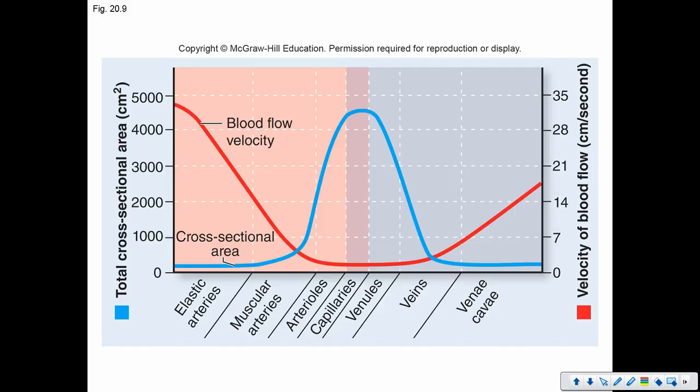But you want the blood flow to be slower through the arterioles and the capillaries and the venules and so forth, because especially in the capillaries, that's where you want the exchange of gases and nutrients and so forth. So you want the flow to be much slower through those areas, so that way you can sufficiently have the exchange that you want.